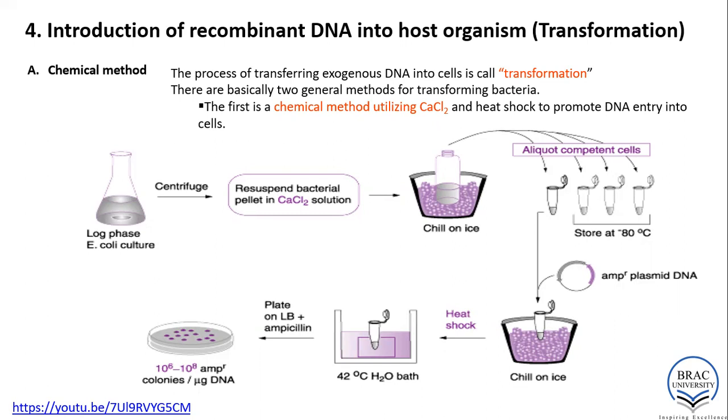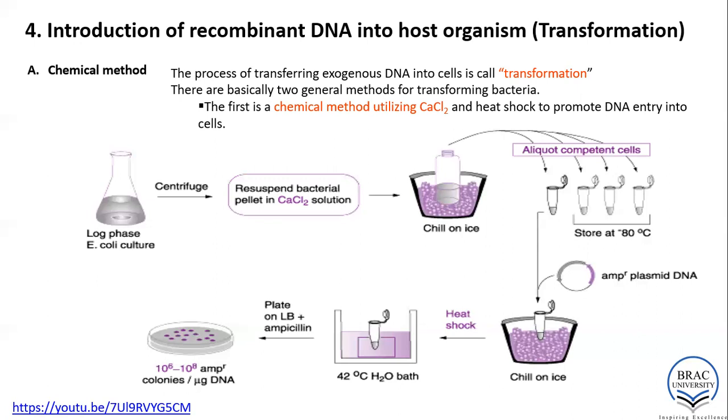You may also remember that there are two processes to make competent cells. One is the chemical method, mostly using calcium chloride, and the other is electroporation, using electricity. The chemical method is mostly used in the laboratory, and you can also find it in the biotech industries. When we do the chemical transformation, we use competent cells prepared by the chemical method.